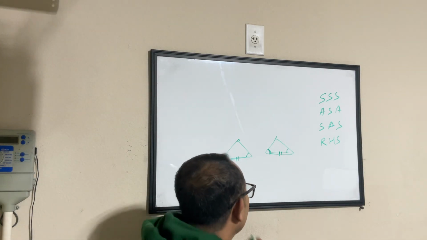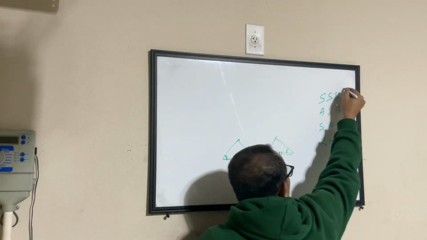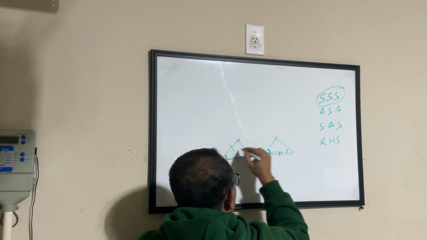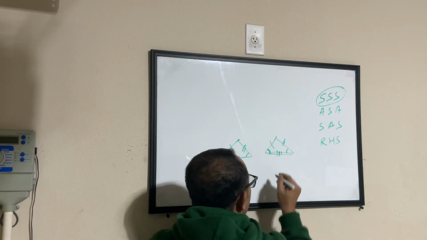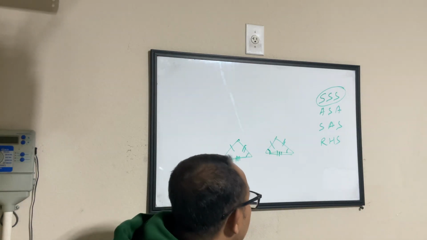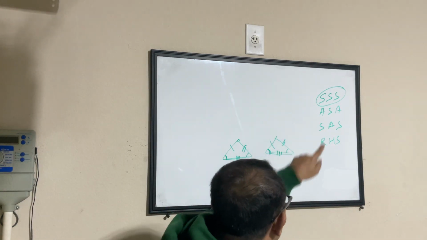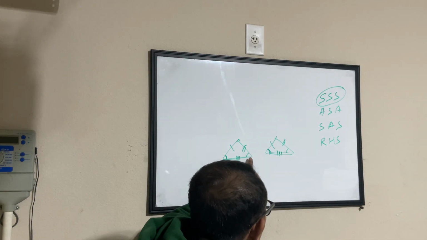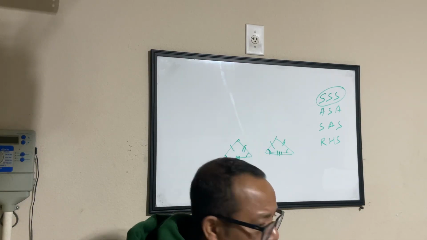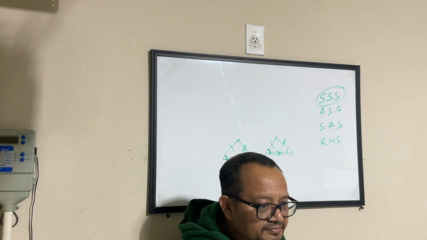Meaning, you don't have to say, as the first one said, if all the three sides, this side is equal to this one, this side is equal to this one, this side is equal to this one, then these are congruent. But this theorem says that you don't have to match all the sides. Just two angles and the side between them. If they match, you are fine.